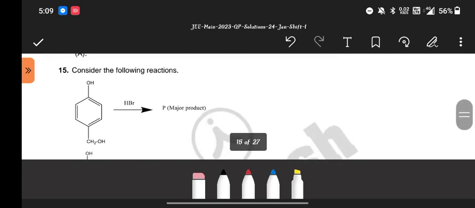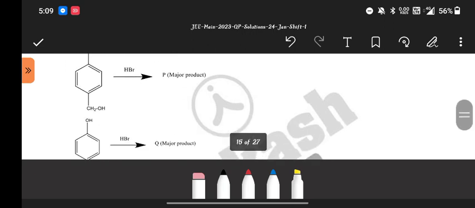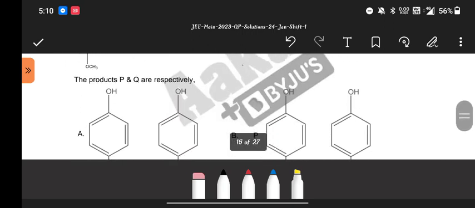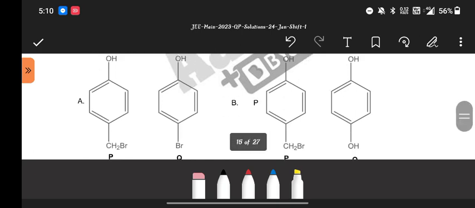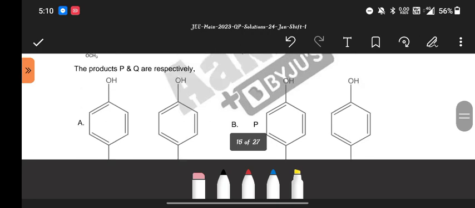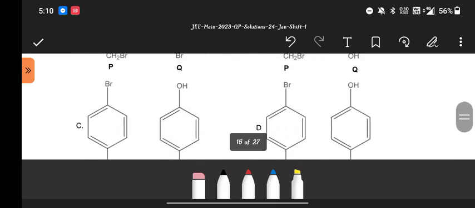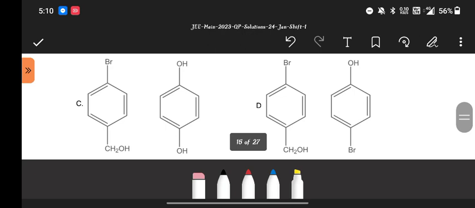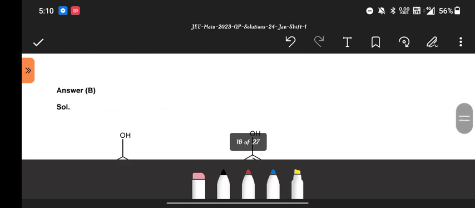Next, the 15th question they asked is: consider the following reaction. This reaction you have to consider. The products P and Q are respectively, and the products P and Q will be like this. Option A they have given, option B like this, option C like this, and option D like this. Now let us see the correct answer.